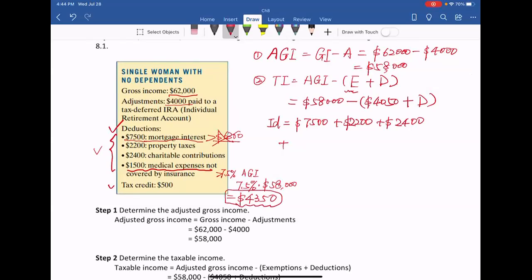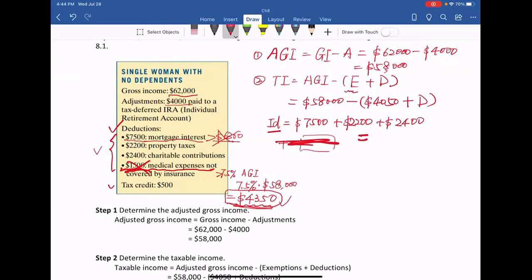If the medical expense is more than this, we can use this amount. If the medical expense is less than 4,350, we need to cross it out, we can't count it. So that's all of the itemized deduction.